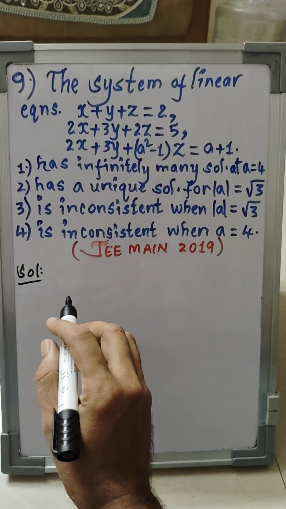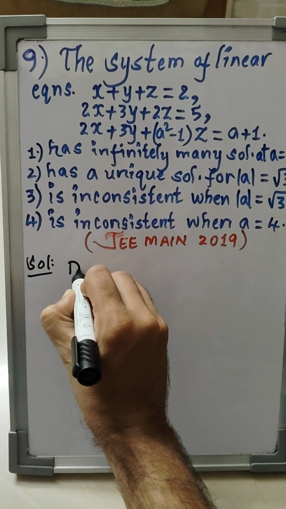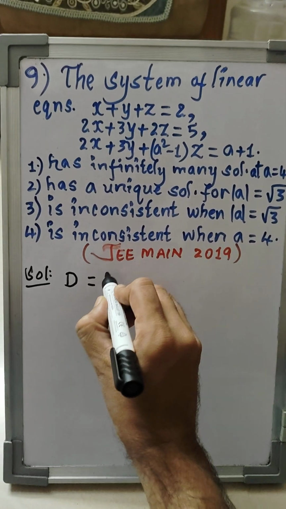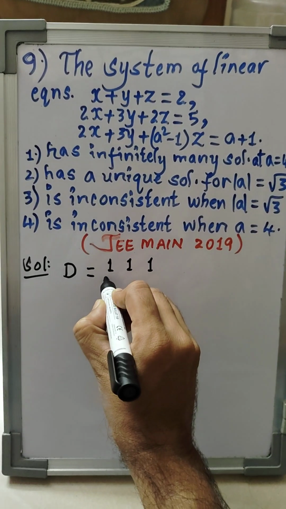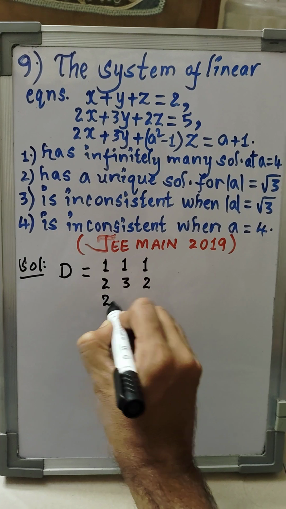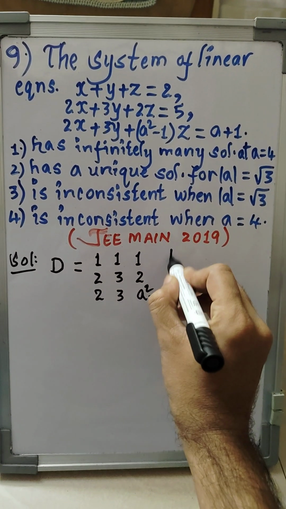First of all, we will write the determinant value of the coefficient matrix: 1, 1, 1; 2, 3, 2; 2, 3, a² - 1.